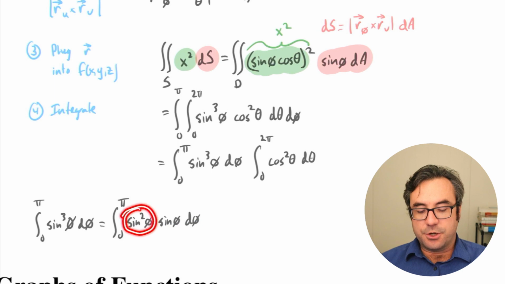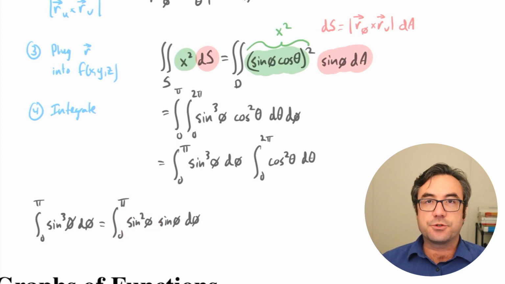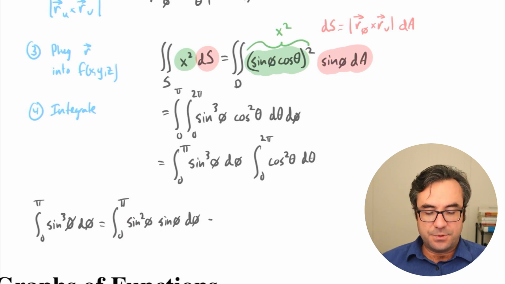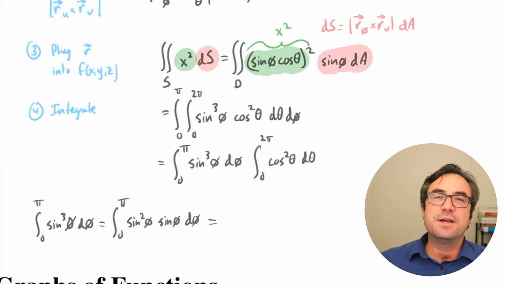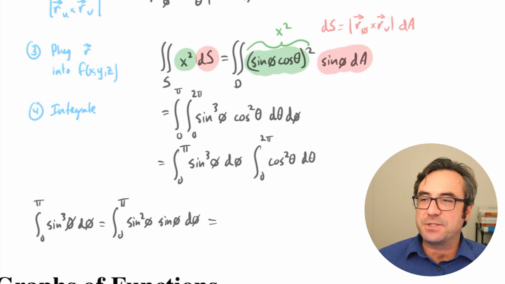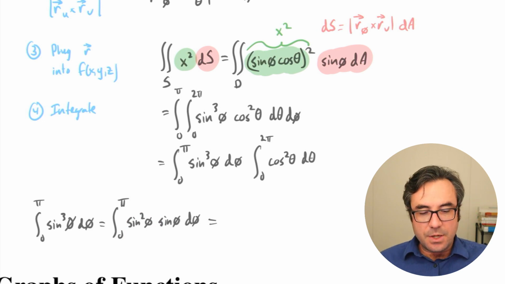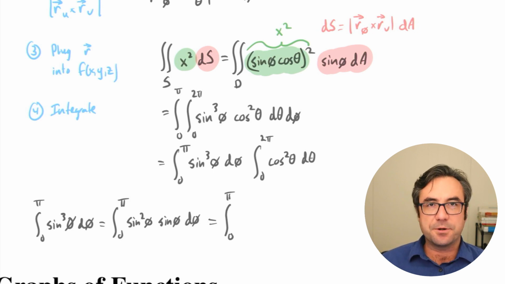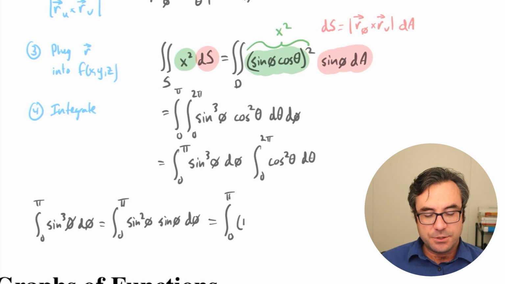Then all the other terms that are left, we want to convert to the other trig function, cosine. Sine and cosine are kind of opposites of each other. So if we convert that sine squared into cosine, we can use our usual sine squared plus cosine squared equals 1, so we can write that as 1 minus cosine squared.